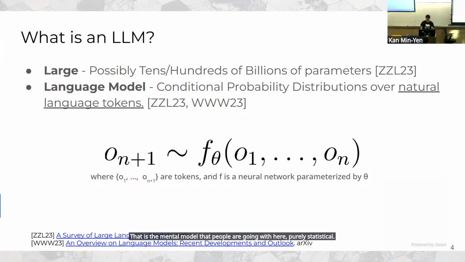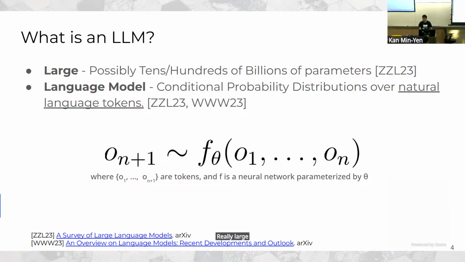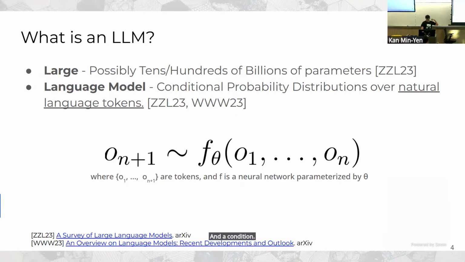And I guess it's been quite a recent phenomenon that we got lots of success in scaling language models to loads of parameters that require really large scale hardware to actually train up and create a parameterized and conditioned general form of this token distribution.